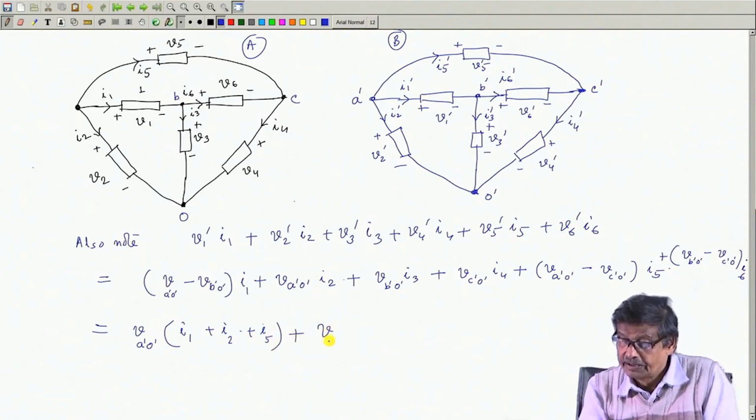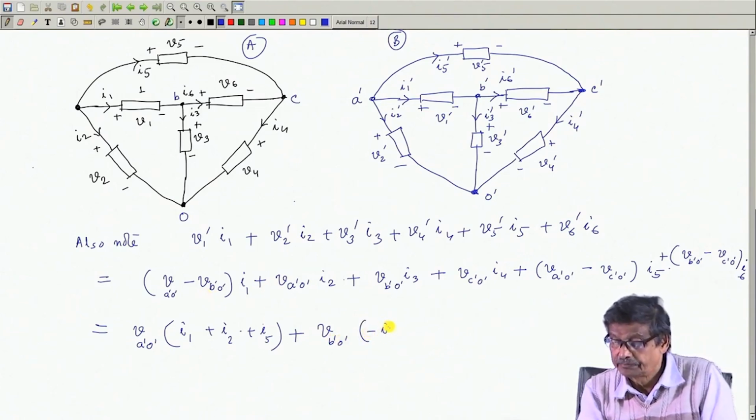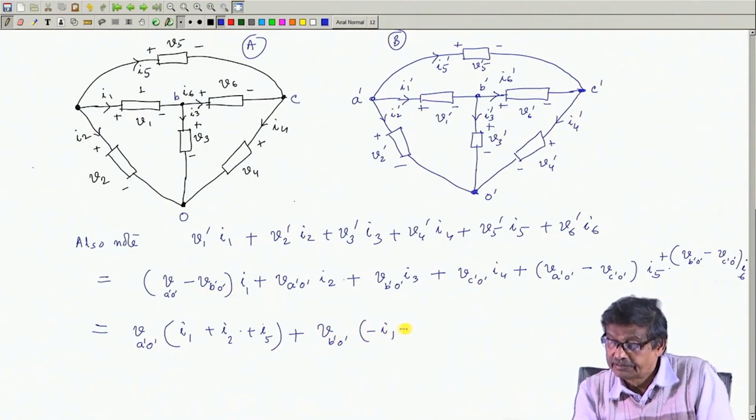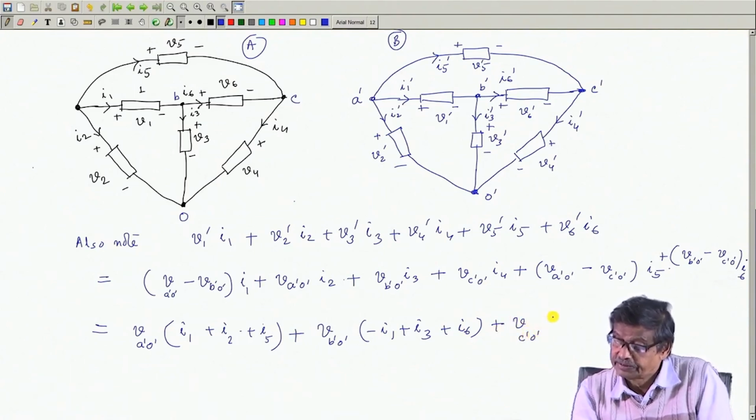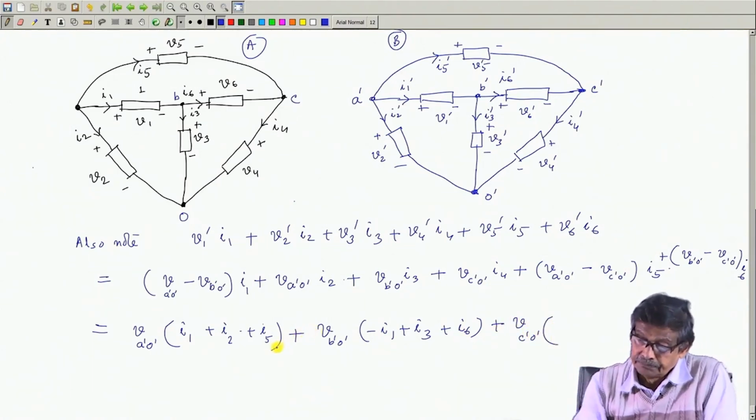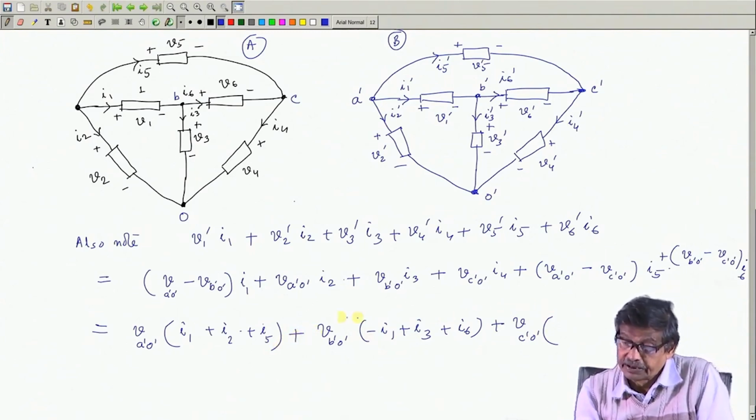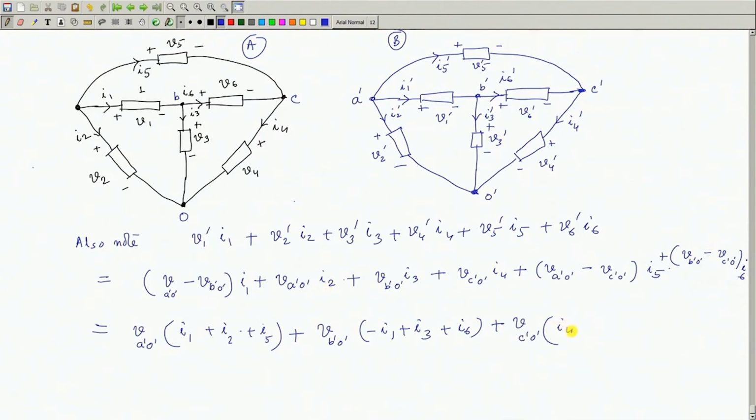Similarly, V B dashed 0 dashed will be equal to minus I1 from this, plus I3 from this, and plus I6, and finally, V C dashed 0 dashed will come as minus I4 here, it is I4 minus I5 and minus I6.